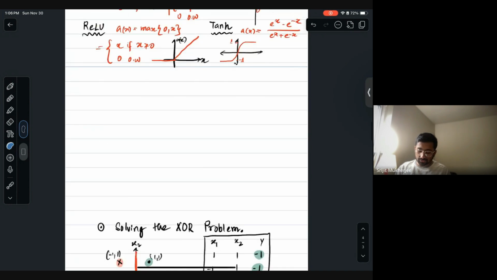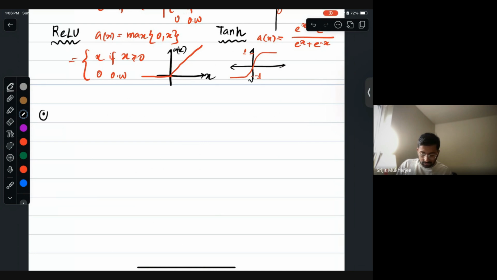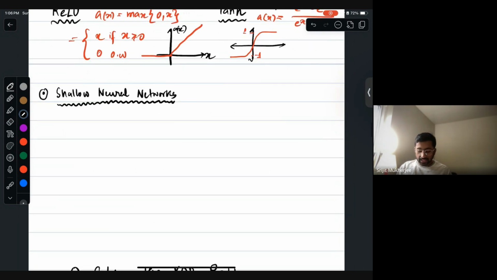A shallow neural network is defined as y hat equal to f of x comma theta, where f is nothing but an activation function and a linear layer.